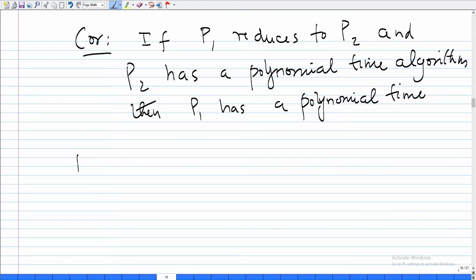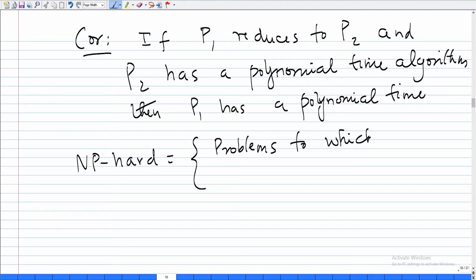So, let us define this class NP hard. These are decision problems again, maybe you can stick to decision problems. Problems to which every problem in NP reduces.